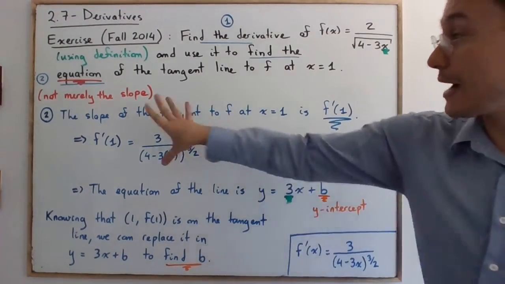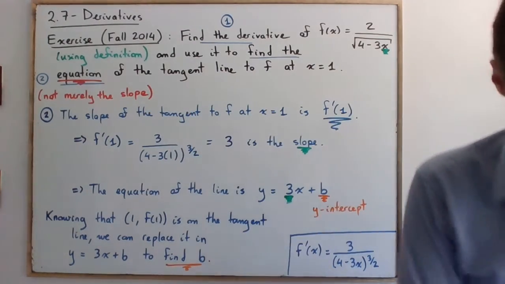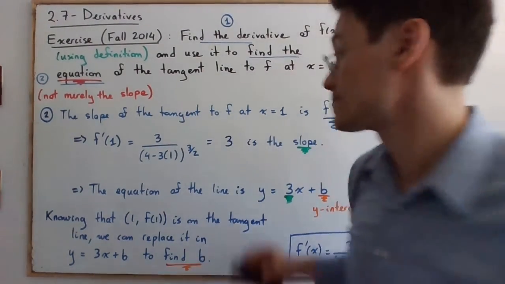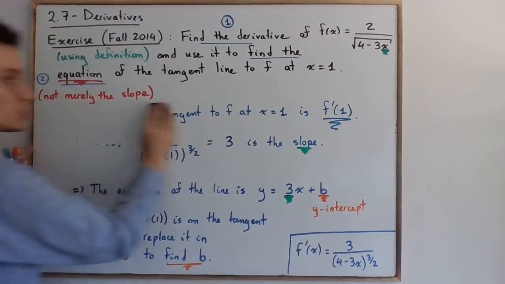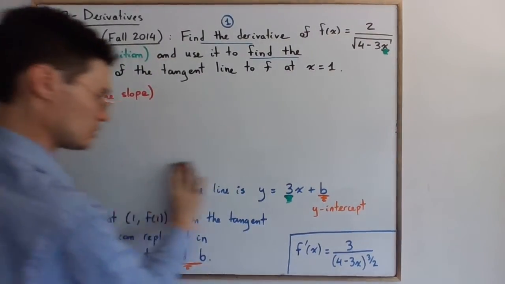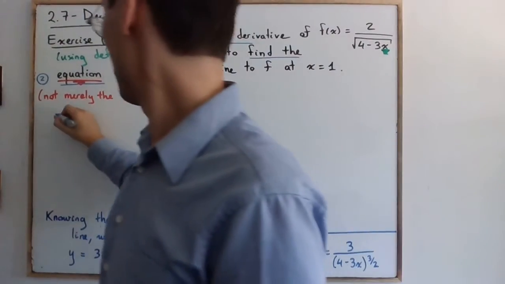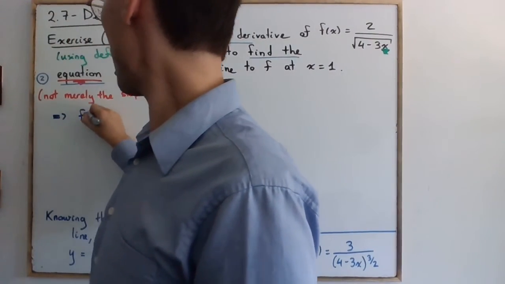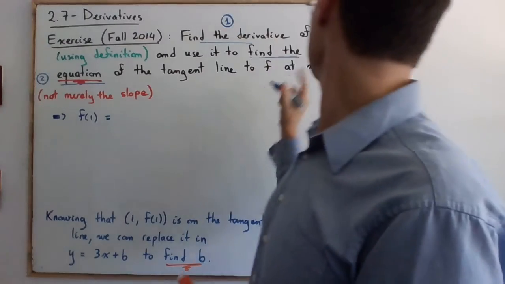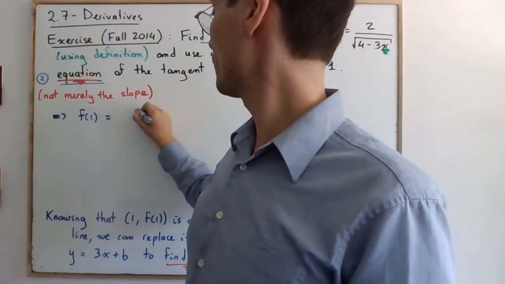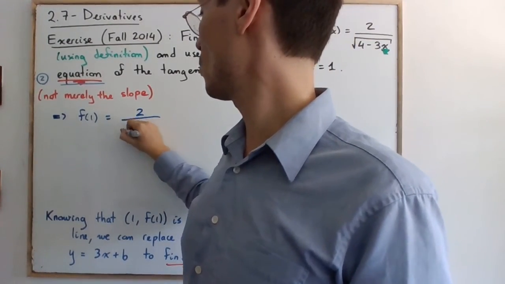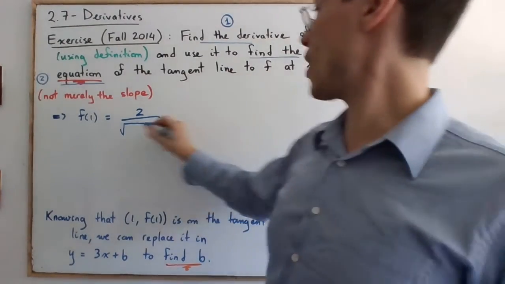Okay, so now I'm erasing this. Now, f of 1 is easy to find. What we do is we take this function and we replace 1 in it.